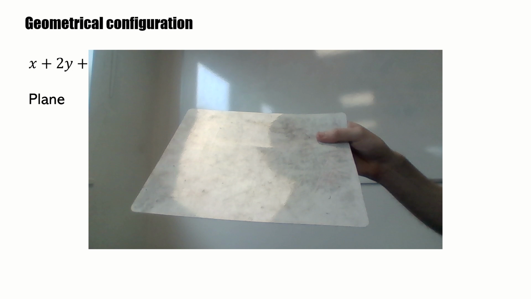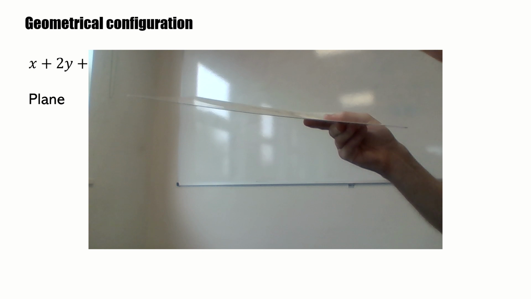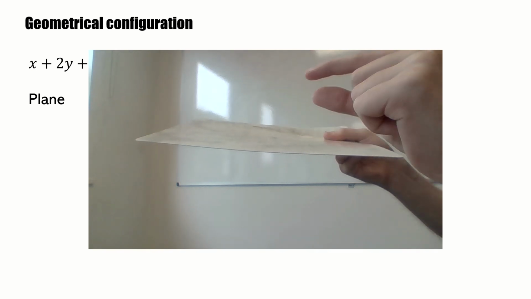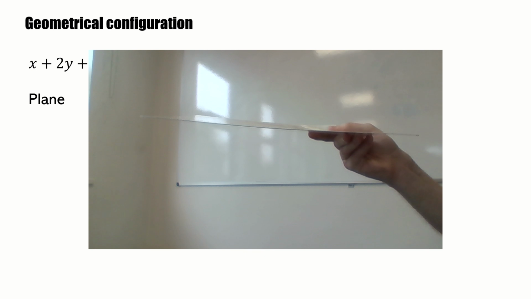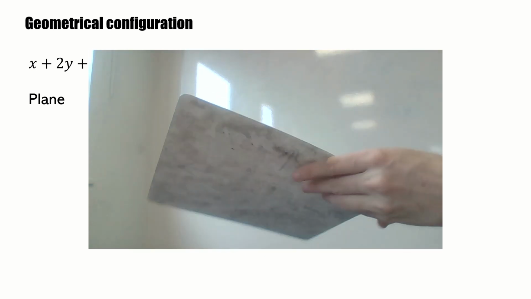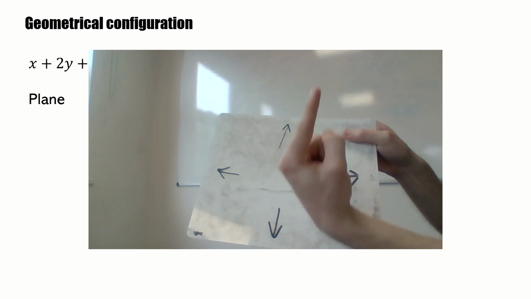And the idea is this: basically, in one particular direction, the plane is something that has negligible thickness, just like you can see if we look at this whiteboard from the side. But then in the other directions, 90 degrees to that direction, in those other directions, it's just spreading out forever.